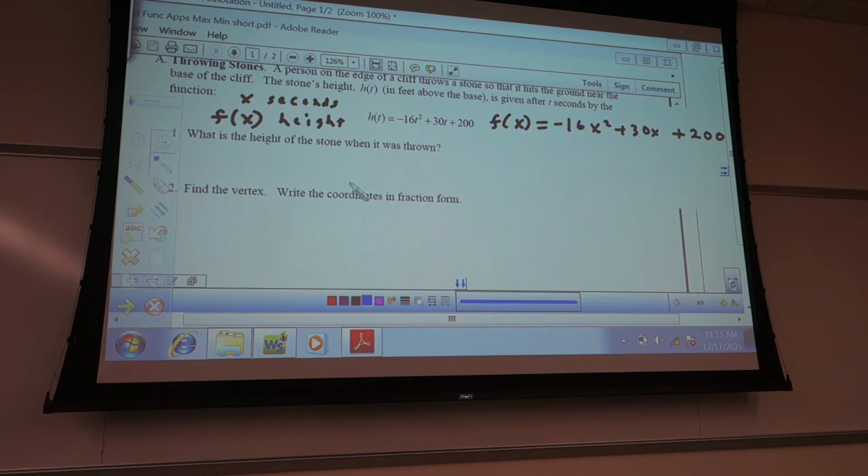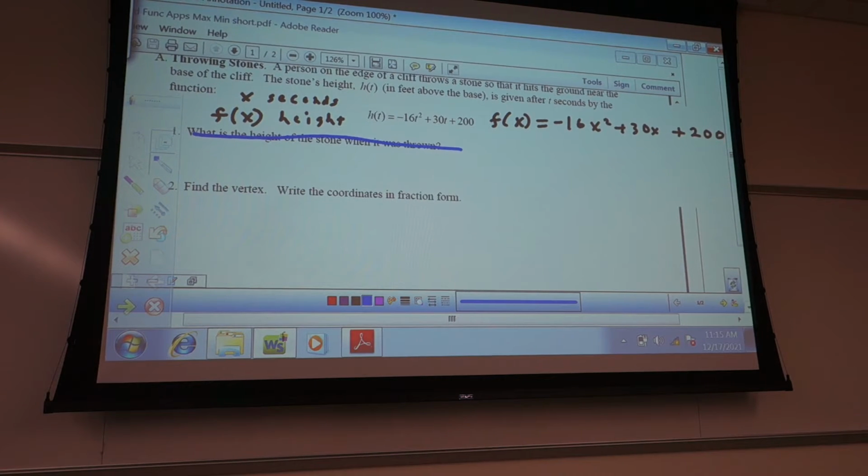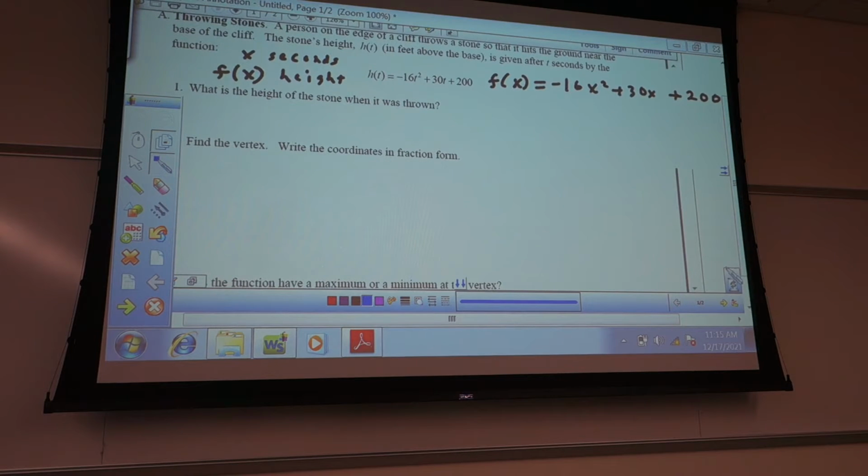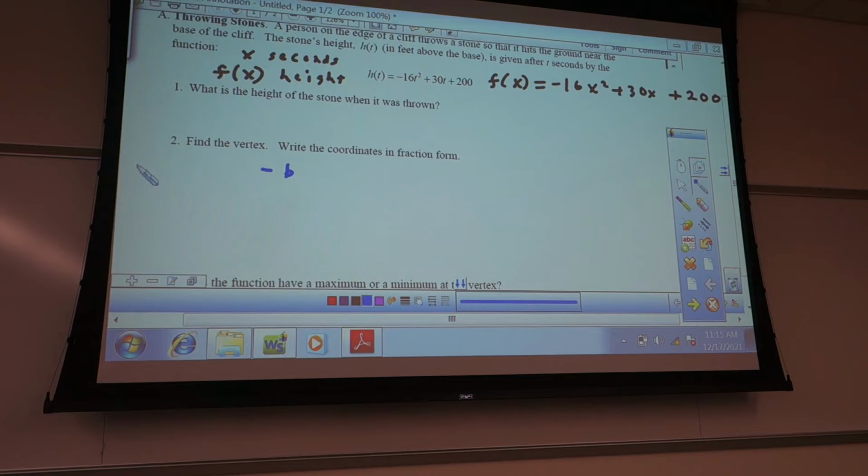X is 0. More importantly, let's not even worry about that. Just find the vertex, and then we'll do this part afterwards. Negative b over 2a? Yep. So I will give you this: vertex h equals negative b over 2a.